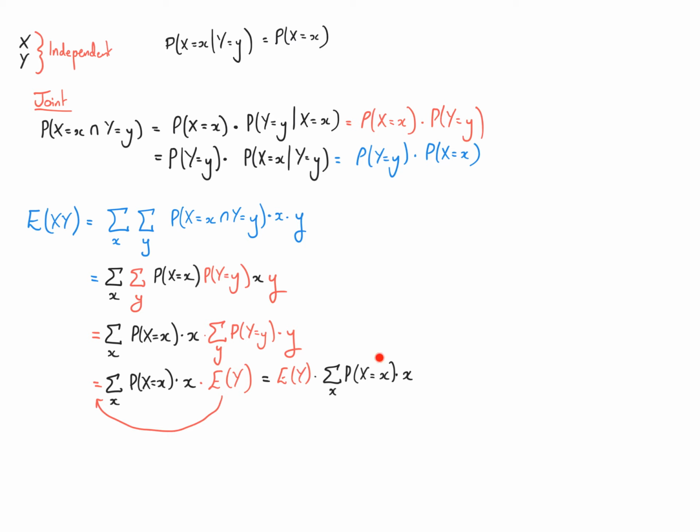But again, this summation here is just the sum of the outcomes multiplied by their probabilities, which is just equal to the expectation of x.